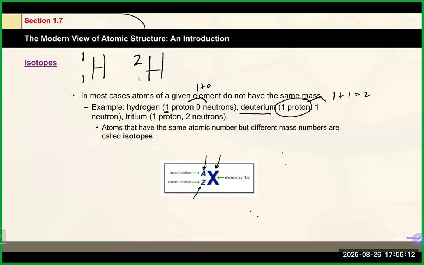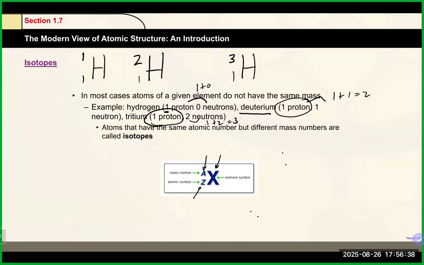And tritium, again, doesn't sound like hydrogen, but it has 1 proton, which gives you the hydrogen symbol. In this case, 1 plus 2 is 3, and that would be our mass number. So again, this is very common for how isotopes are written: mass number top left, atomic number bottom left.